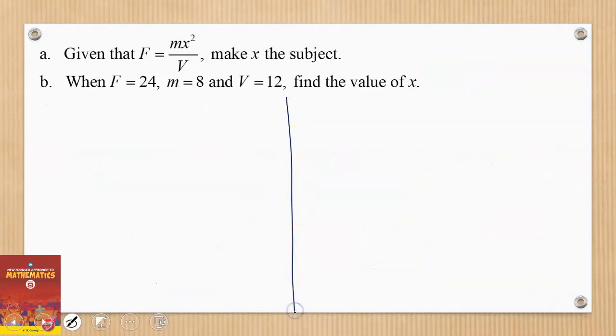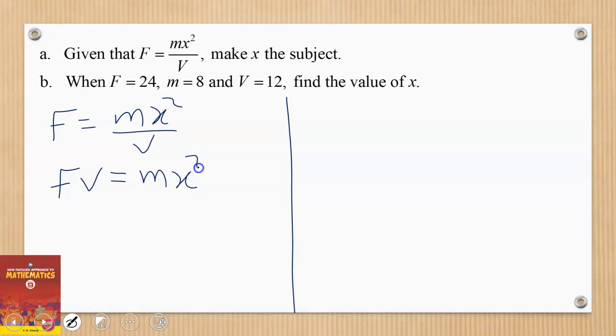This question we have given f to be mx squared over v, make x the subject. Okay, so to make x the subject over here, we first multiply through by the LCM, and so we have fv is equals to mx squared. Now, since we want x squared, we divide both sides by m.